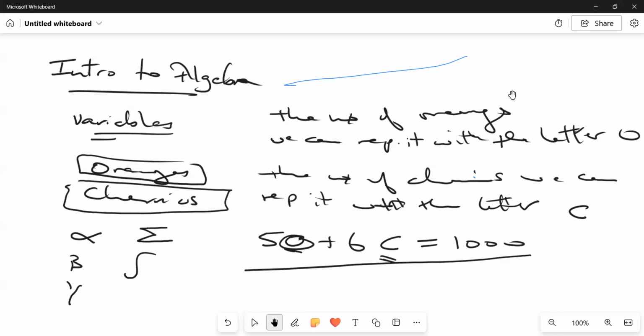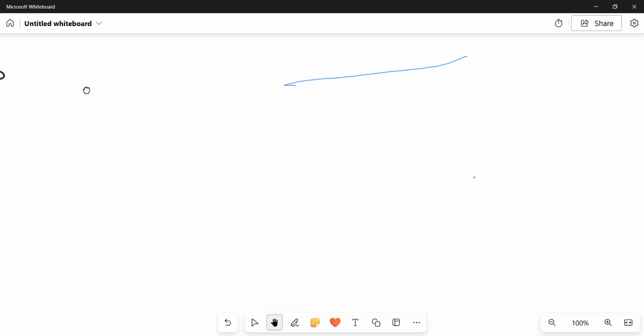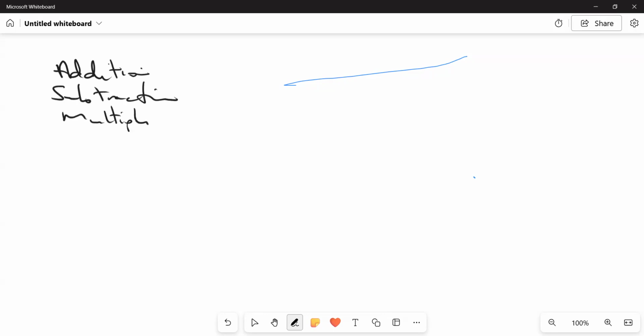Good. So what we want to be doing now is to see what are some operations we can do in algebra, right? And we'll go right back to the basics again: addition, subtraction, multiplication, division, right?